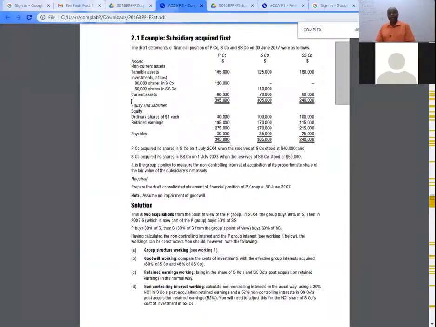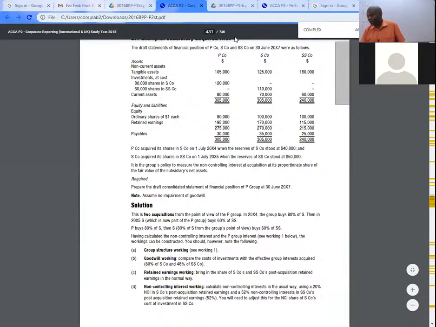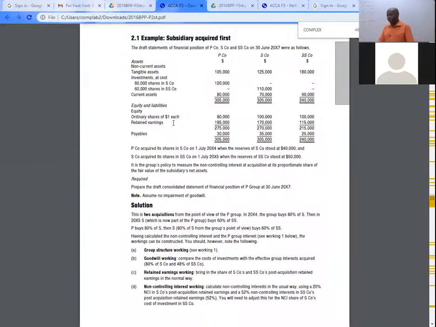Ladies and gentlemen, know that for share capital, we always work with the share capital of the parent. From there, I can see retained earnings. Retained earnings, you can't consolidate them directly. You need a working. Just write working in brackets.